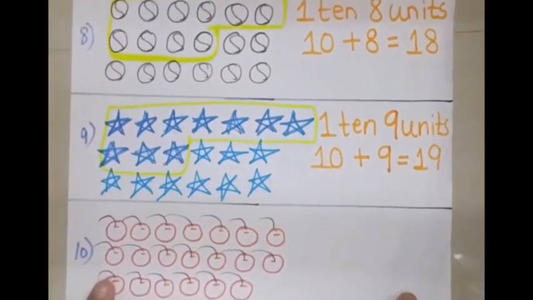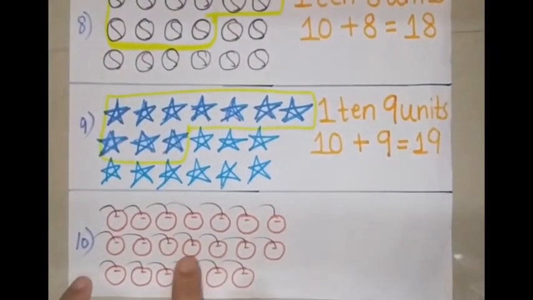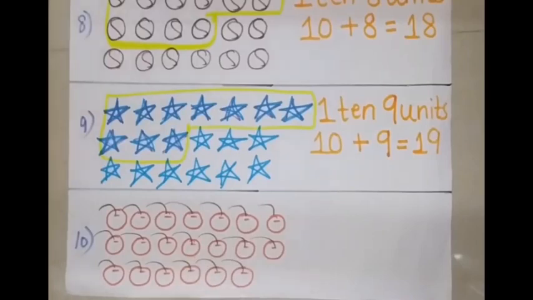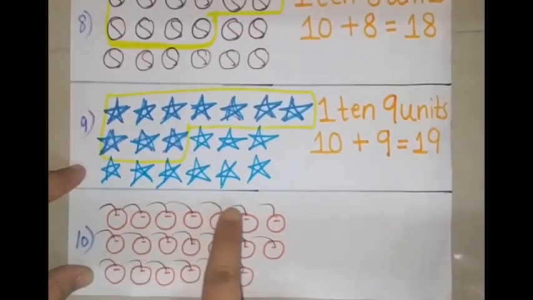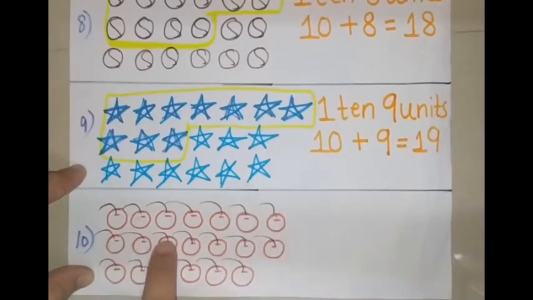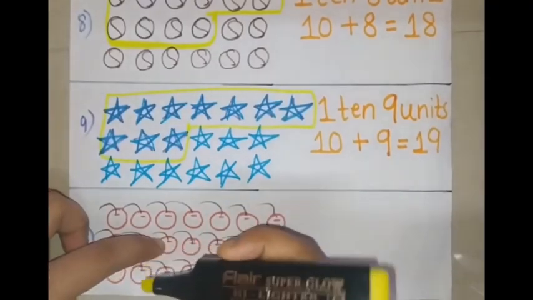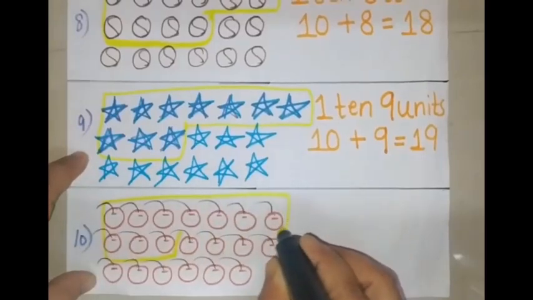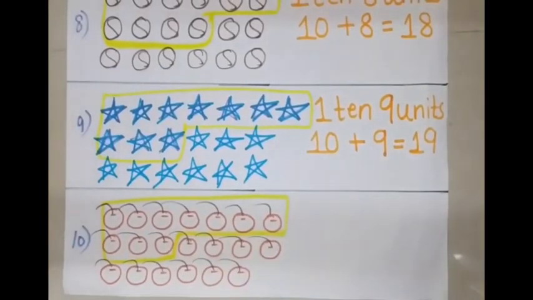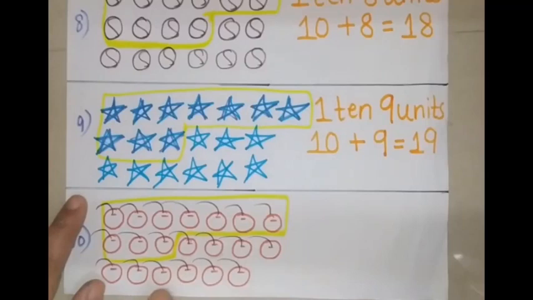Now you all can see so many cherries. Let's count them. 1, 2, 3, 4, 5, 6, 7, 8, 9, 10. So now we will make a group of 10 cherries. Now there are some remaining cherries. Let's count them. 1, 2, 3, 4, 5, 6, 7, 8, 9, 10.